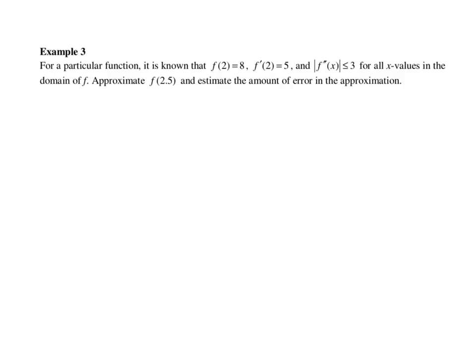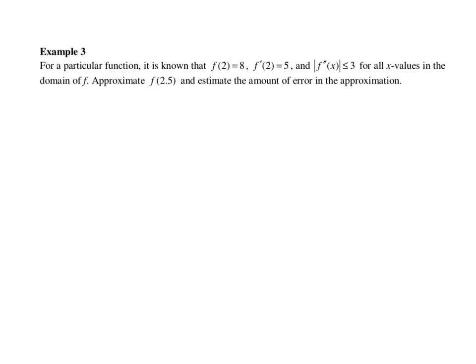All right, let's take a look at the next example here. For a particular solution, it is known, this information, approximate f of 2.5, and estimate the amount of error in the approximation. First thing we're going to do is build our Taylor polynomial.